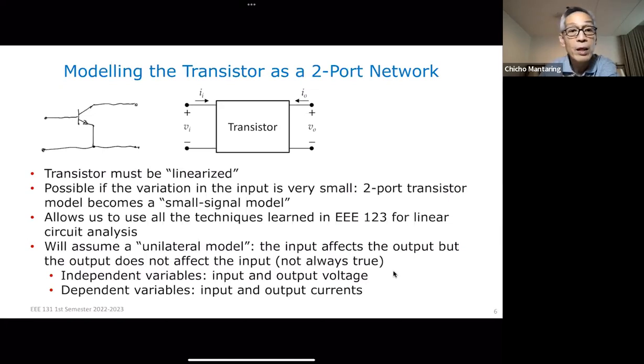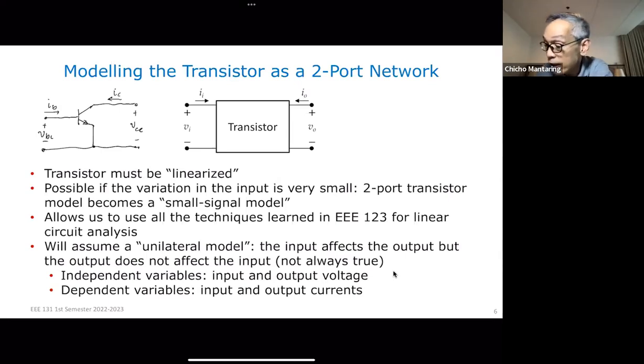Okay. So I have an input. My input current is I sub B. My input voltage is VBE. My output current is I sub C. And my output voltage is VCE.